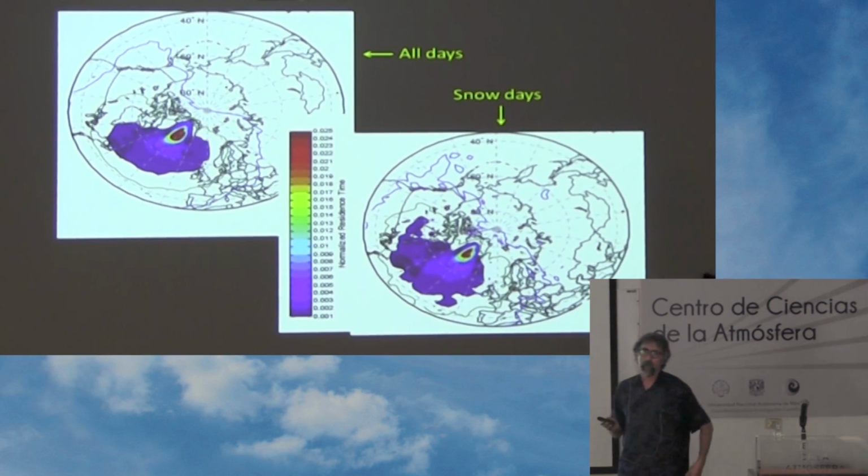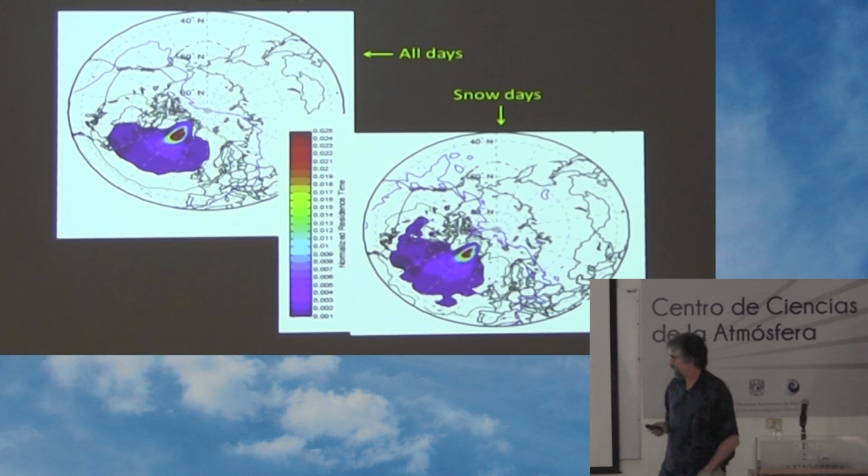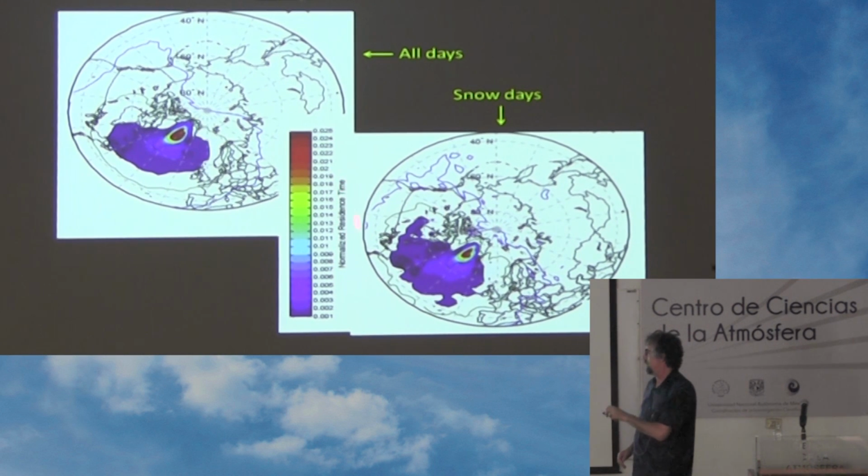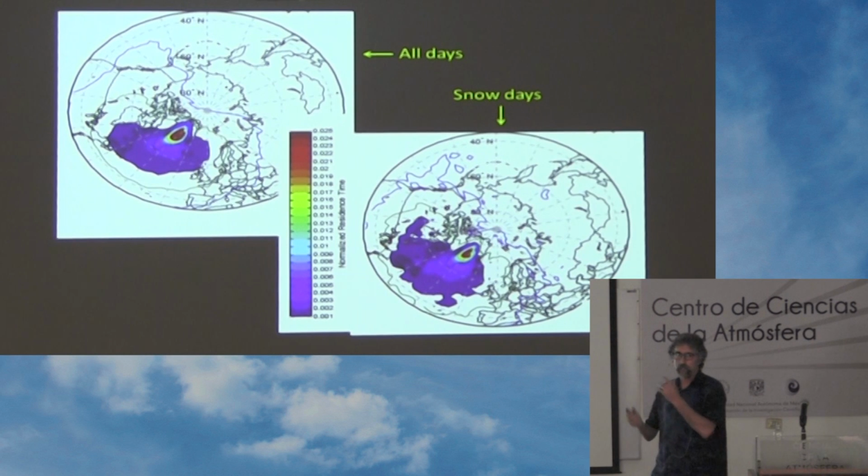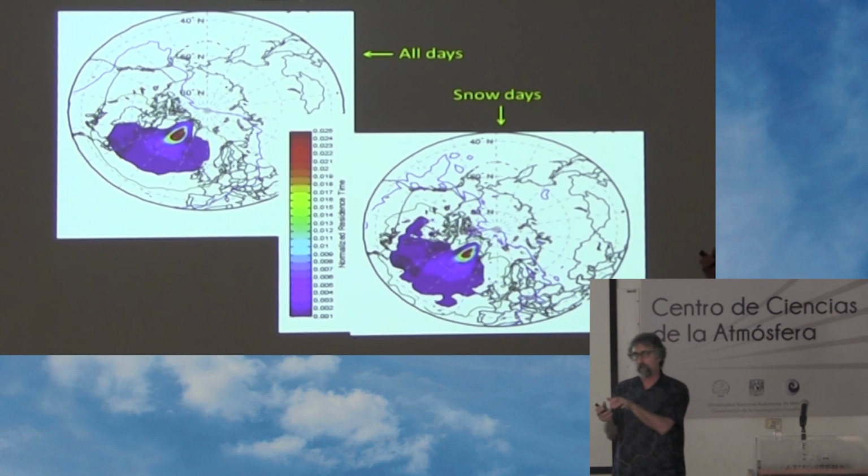So the results might look something like this. We calculated trajectories, one per day for, I don't remember how many years, I think 15 years. And calculated the residence time. And what you see here is a plot of the residence time. This is the center of Greenland. Okay, and it's normalized residence time, which means we take the number of hours in each grid cell and we divide it by the total number of hours for all of the trajectories.